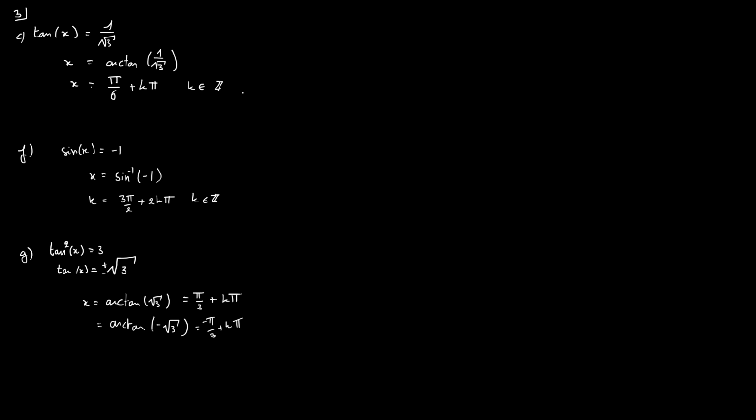Then let's make question H, which is our first question as well on cotangent, and it's going to be the cotangent of x over 2 plus pi over 2 is equal to 1.